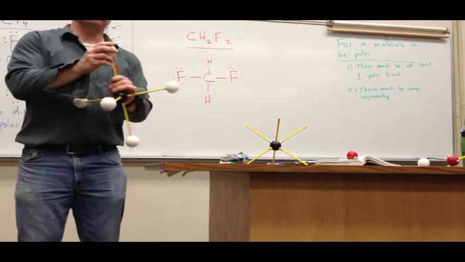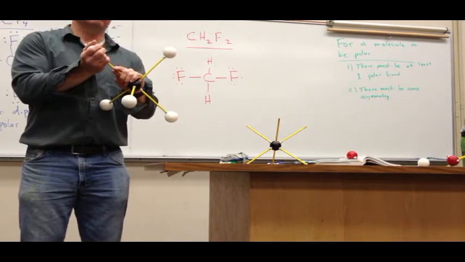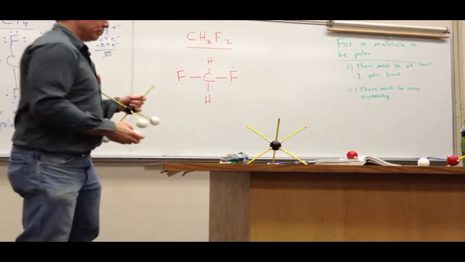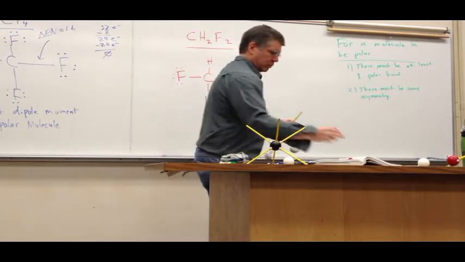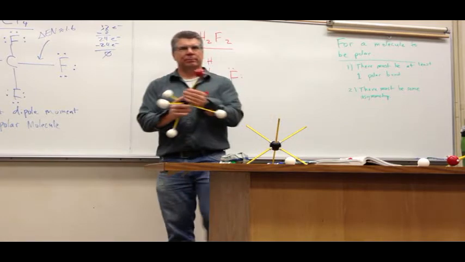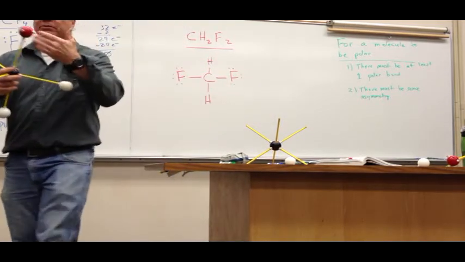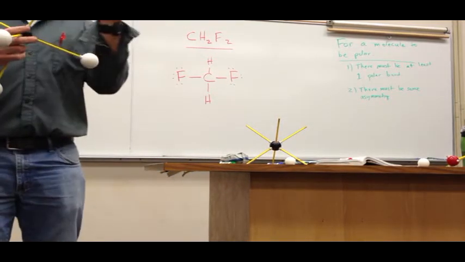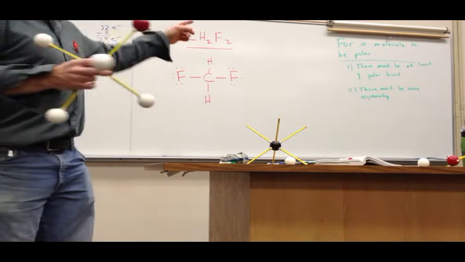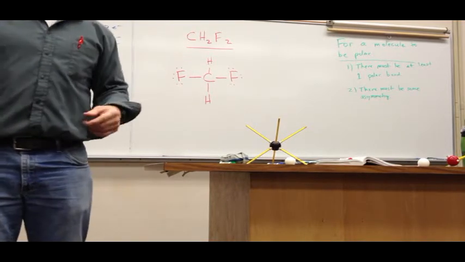One of them's different. What do you think? Polar. It doesn't look symmetric, right? There's this asymmetry up here, different poles on the electrons. Again, as long as there's at least one polar bond, this will be a polar molecule.